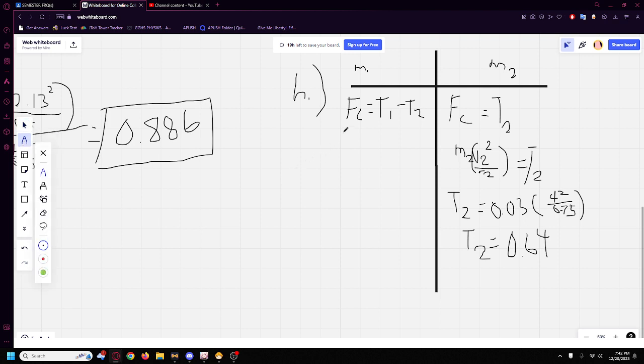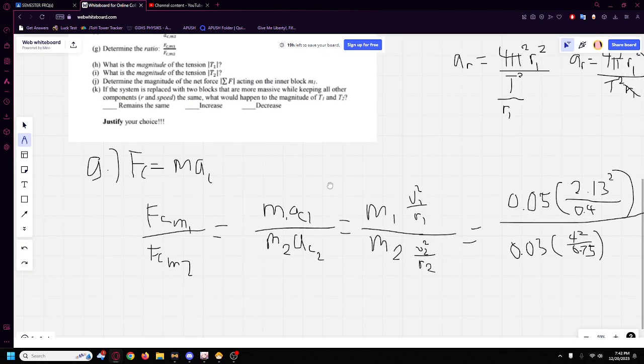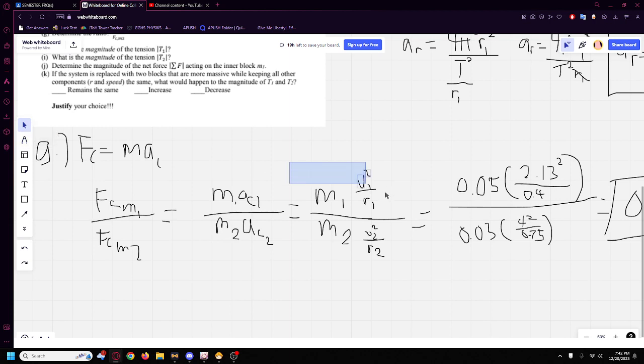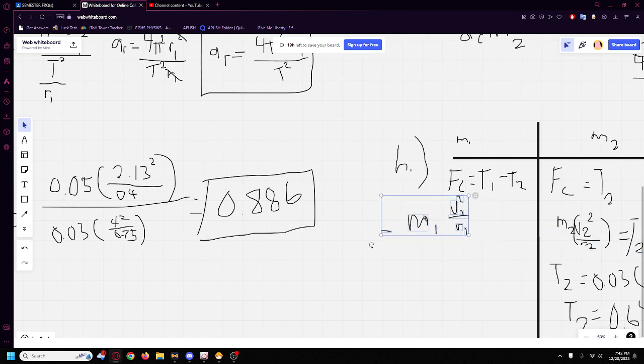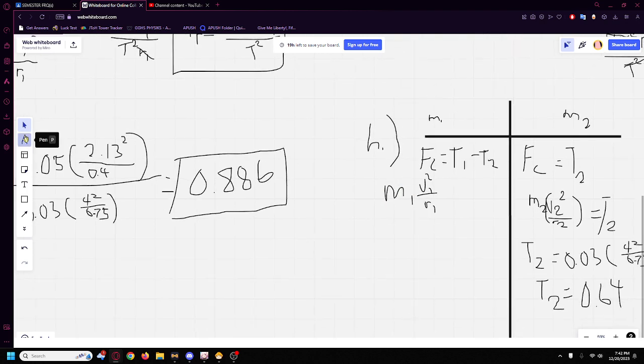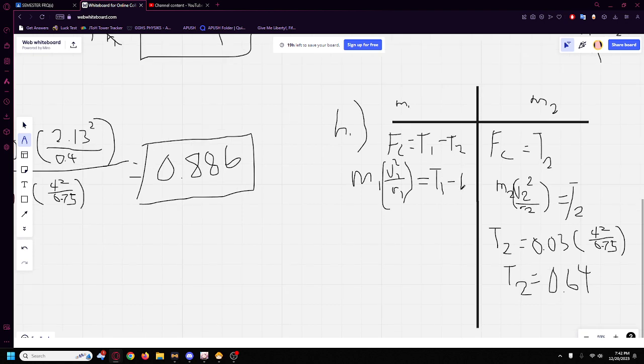So that means that M1 V1 squared over R1 is equal to T1 minus T2.